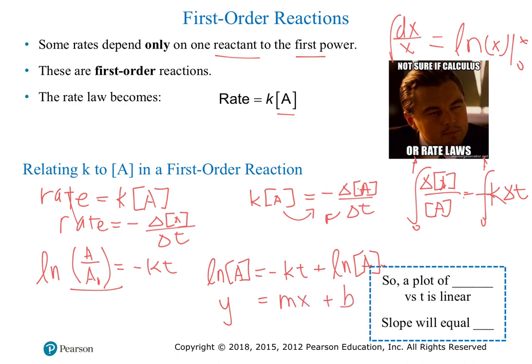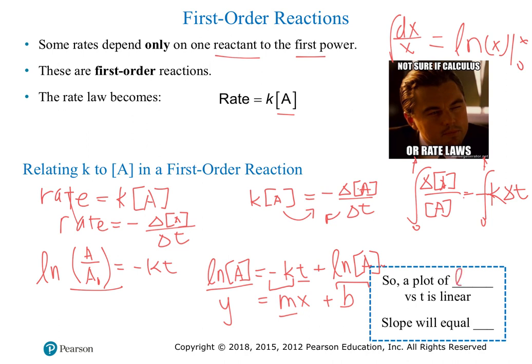When you plot the natural log of all the concentrations you've been monitoring versus time, the slope will be negative the rate constant, and your intercept will be the natural log of your initial concentration.